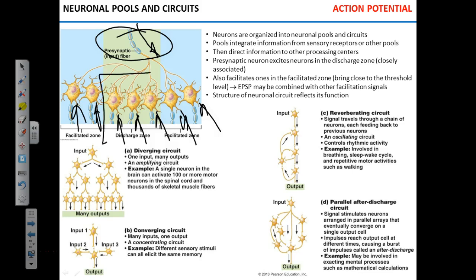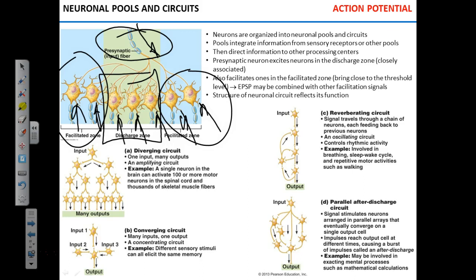In certain downstream postsynaptic neurons, the amount of neurotransmitter will be sufficient to produce an action potential. This is called the discharge zone. Okay? In others that are located in the facilitated zone, an action potential will not be produced.